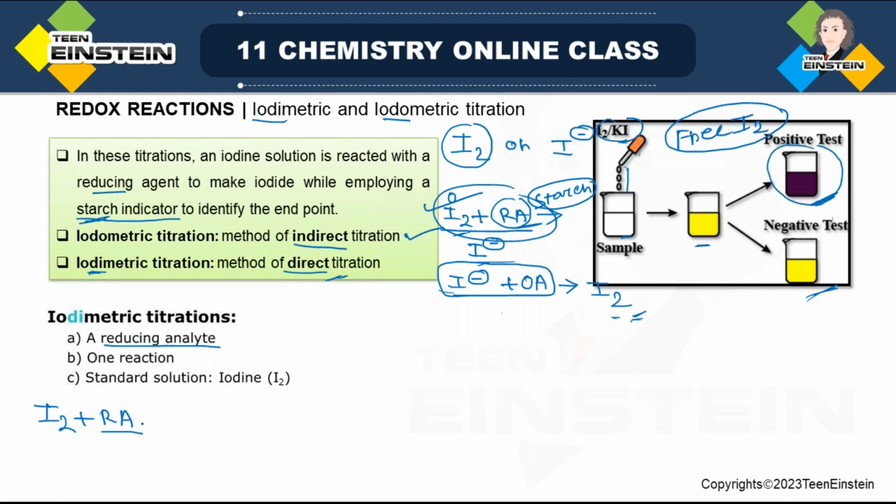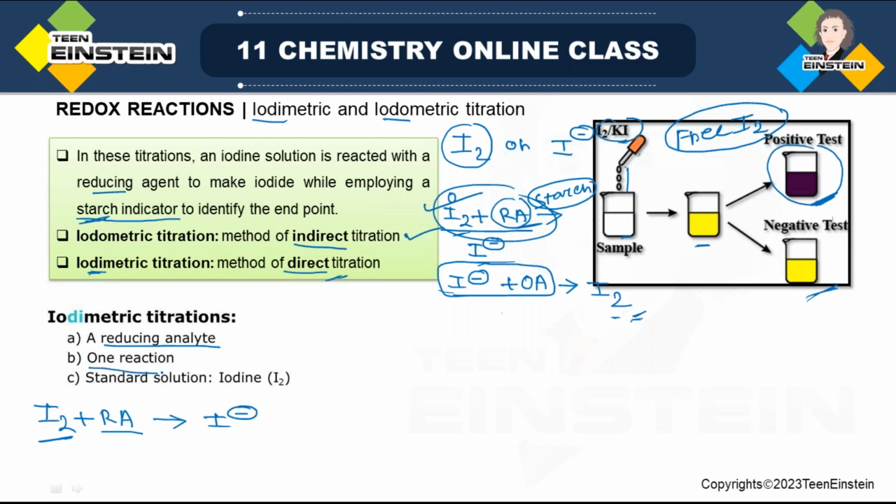You know the concentration of iodine, and now it is converted to I minus. So once the reaction is over, what is the amount of iodine required, and from the mole ratio of iodine and reducing agent, you will be able to understand the concentration of the analyte. That is the unknown concentration of the reducing agent that you have taken.